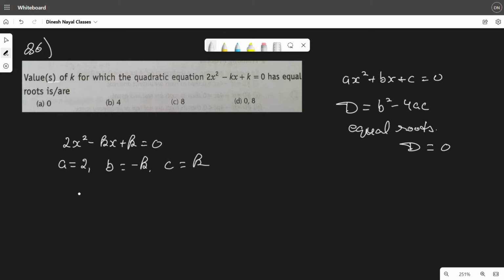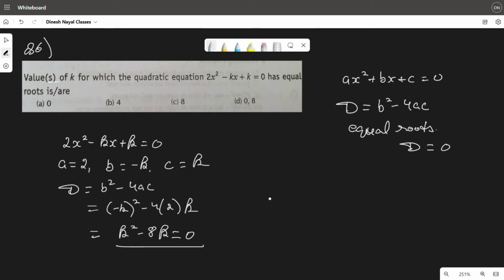So what is discriminant? Discriminant is b square minus 4ac. That is minus k whole square minus 4 into 2 into k, so that is k square minus 8k. Now for equal roots, this discriminant should be equal to 0. So we take k common, k into k minus 8 equals 0.